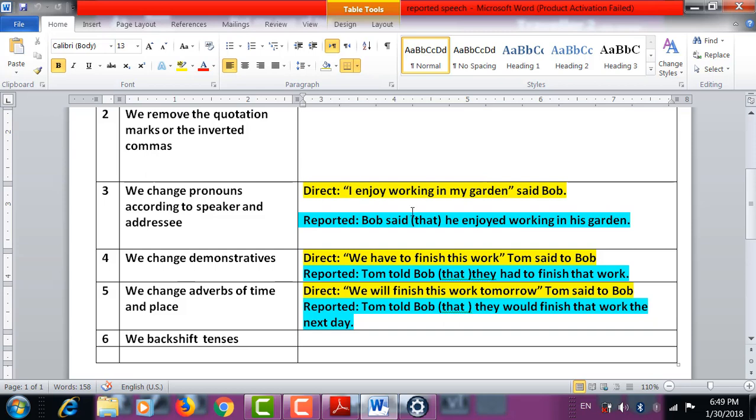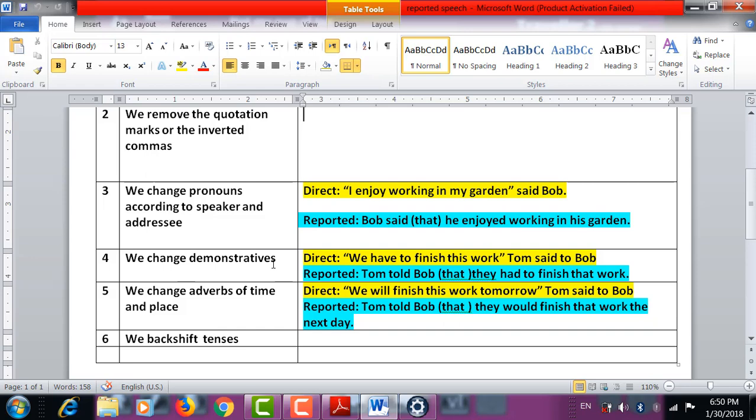We change I into he, and we change the possessive pronoun my into his. If we have a girl or a woman, for example, said Fatima, we say she when we change it. So we change it according to the meaning, according to the speaker and the addressee, as we said. The fourth step is to change the demonstratives.